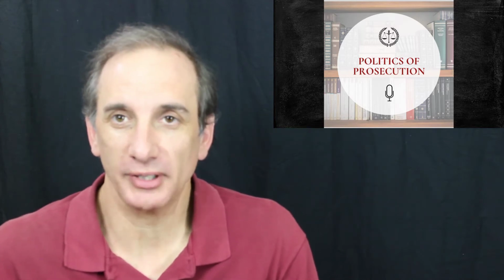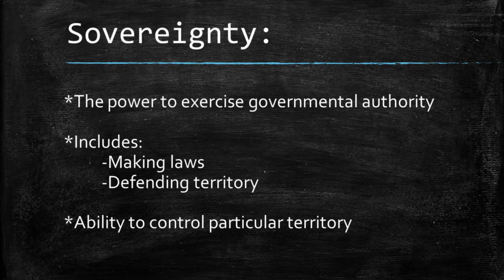We have created a federal system where we have some sovereignty resting with a national government, the United States government. We have some power residing with the 50 different state governments. Now, what is this sovereign power that we're talking about?